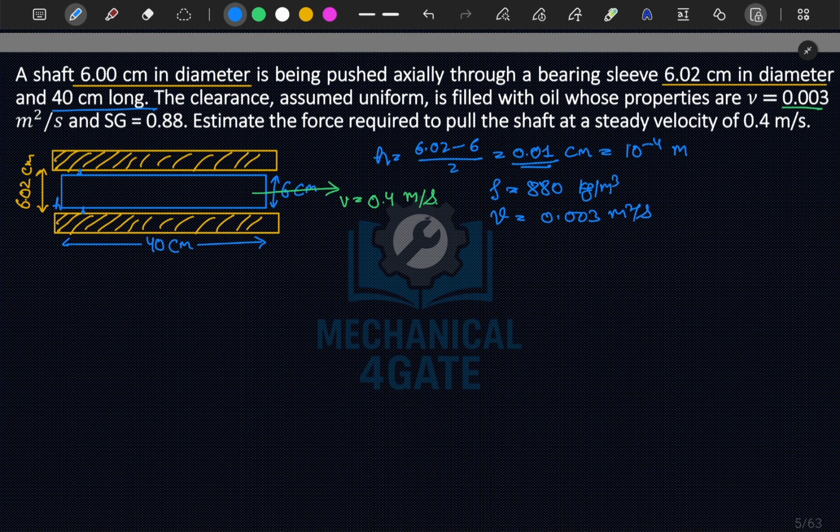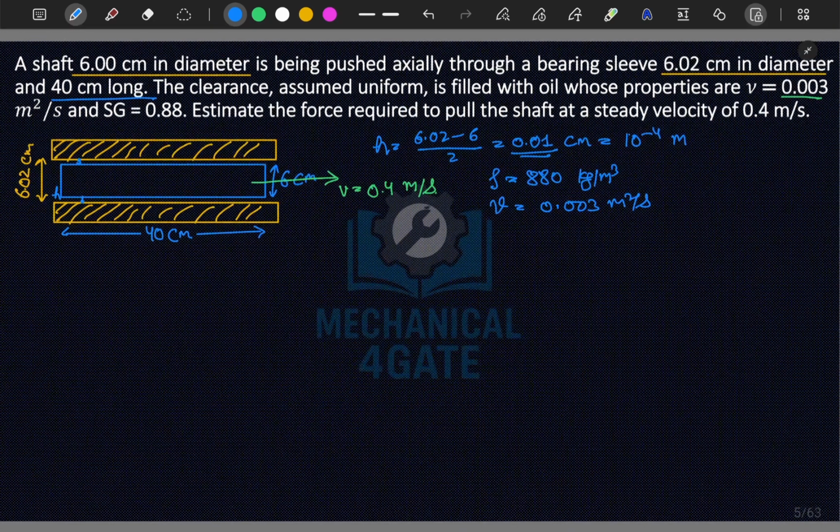Now, it is asked the force required to pull the shaft. So let's say that F is the force applied. Force F we can write as the shear stress into area.